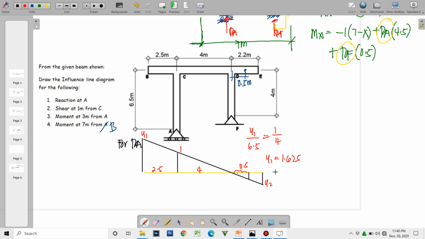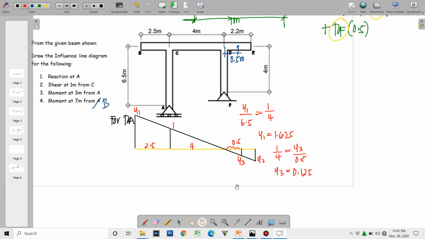And for say y3, we have the ratio 1 is to 4 as y3 is to 0.5. So y3 is 0.5 divided by 4, that is 0.125. Okay.